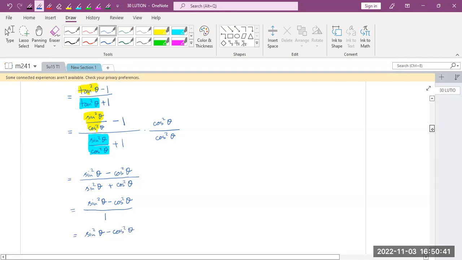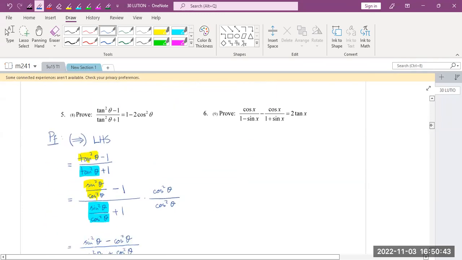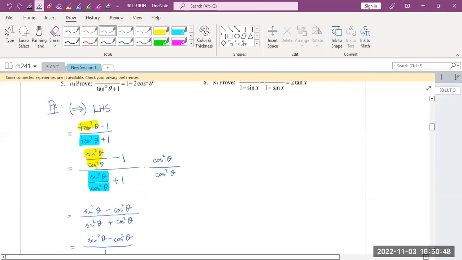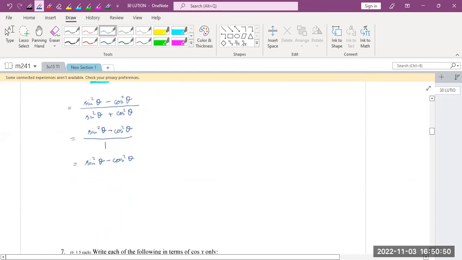That's simple enough, but what we need is 1 minus 2 cosine squared theta. How do we do that? Well, we know that sine squared theta is 1 minus cosine squared theta. So basically, I change this using the Pythagorean identity.